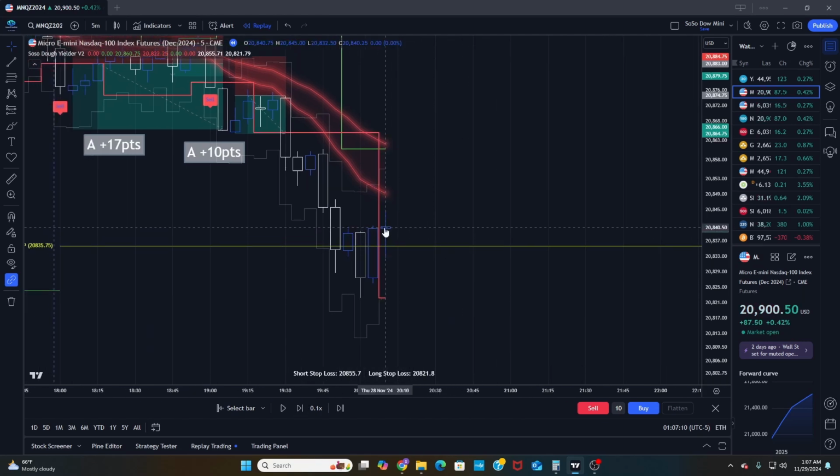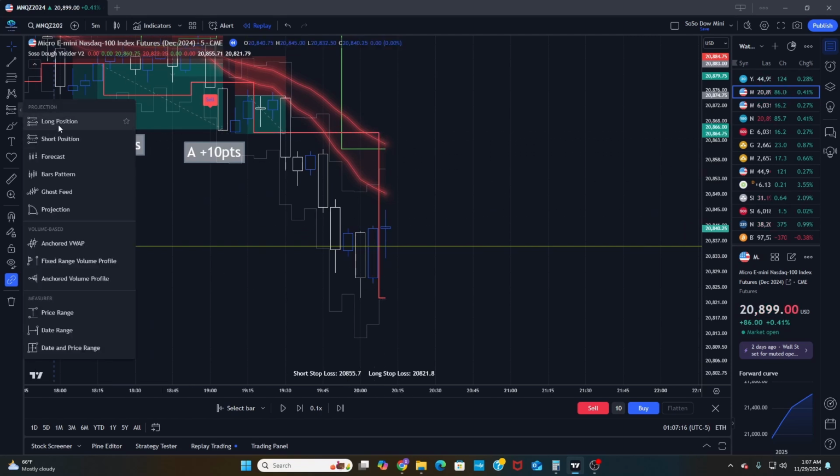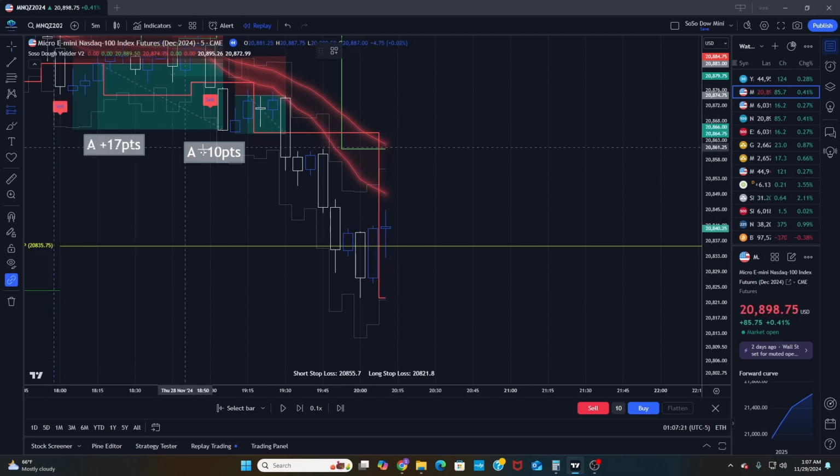So now at the close of this candle, we have the red level has come down below. So that's what you're waiting for. You're waiting for this 5 minute candle to close. And since the green level crossed down below the red level, we're looking for a long entry here. It's basically signs of a possible reversal.